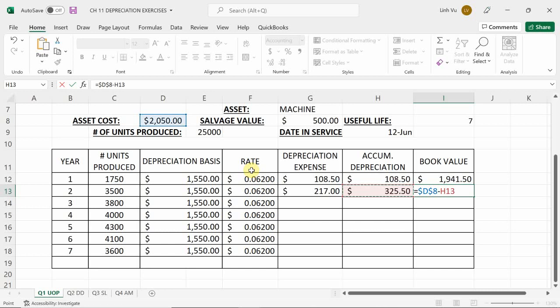Once again, 2050.00 minus 325.50. Why is it getting wrong?